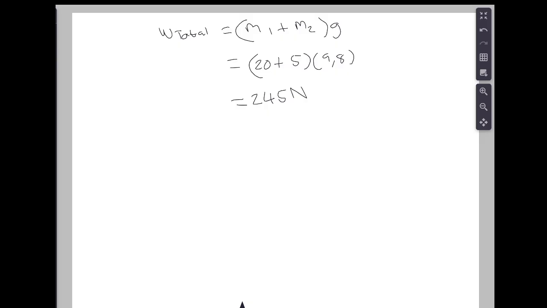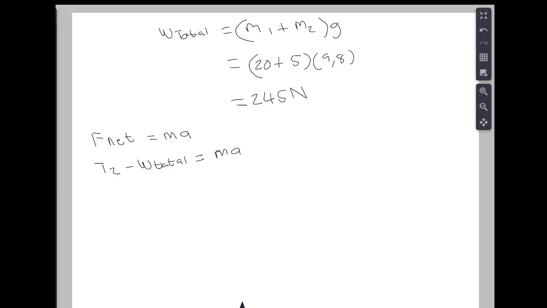So this means that F net is equal to mass times acceleration. F net will be T2 minus weight total, which will equal mass times acceleration.